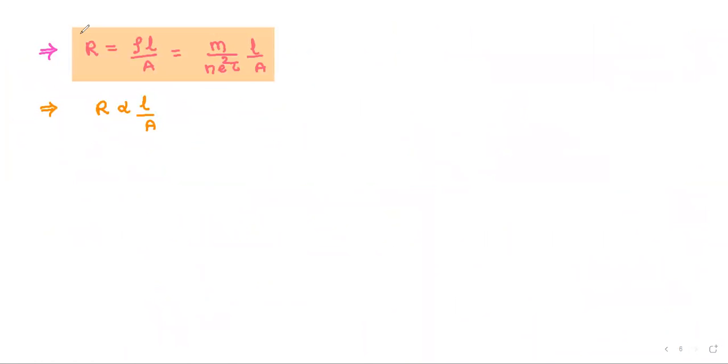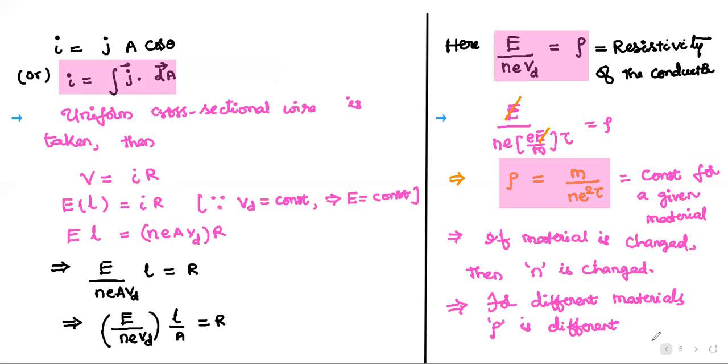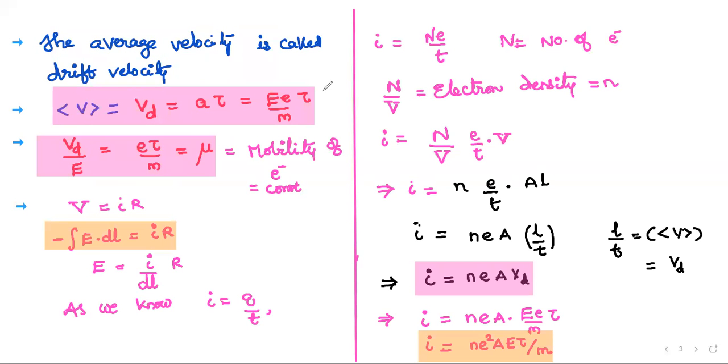Okay. So if you come to the next point here, when temperature is increased, relaxation time tau decreases. If tau decreases, now once you check the drift velocity, tau decreases, drift velocity decreases.